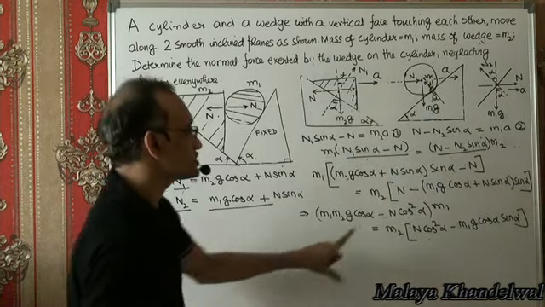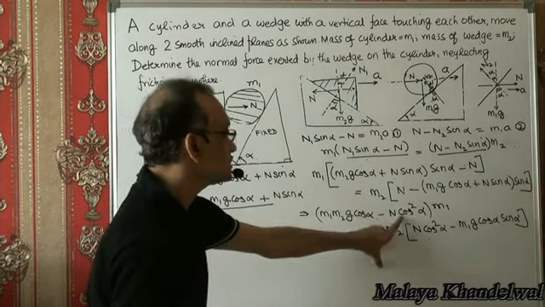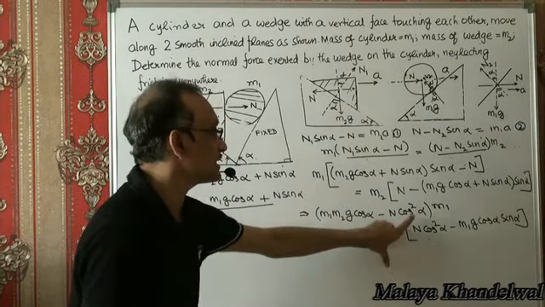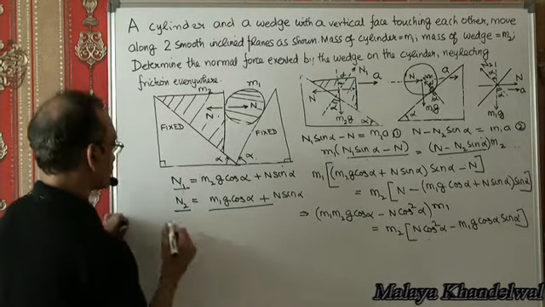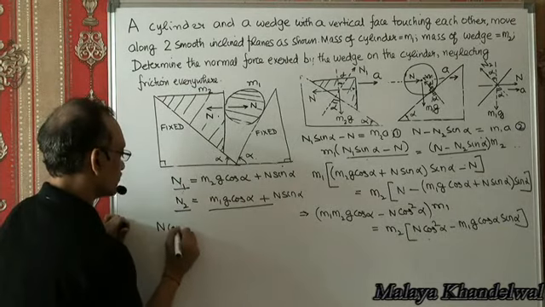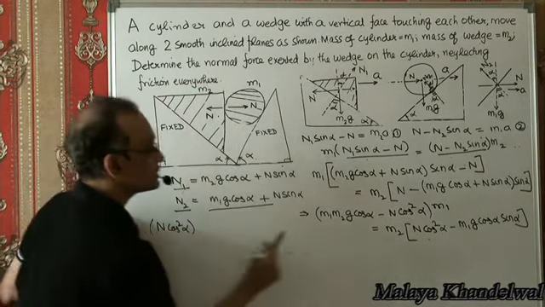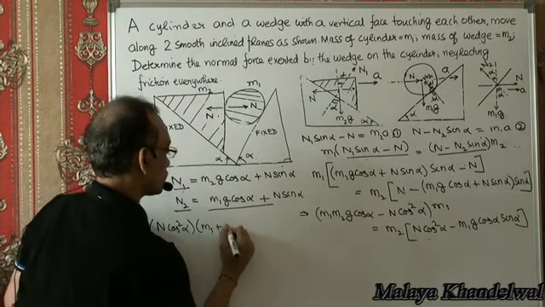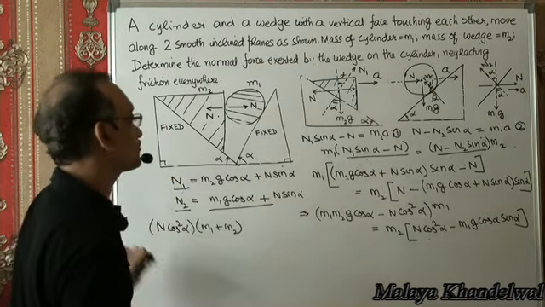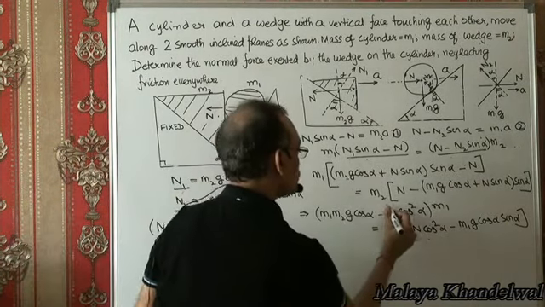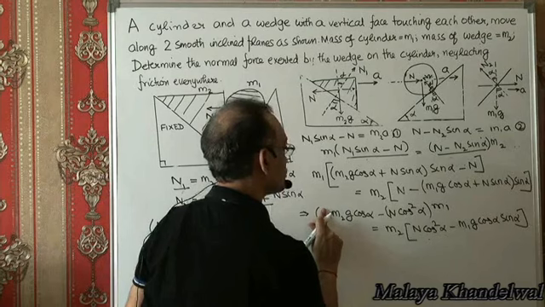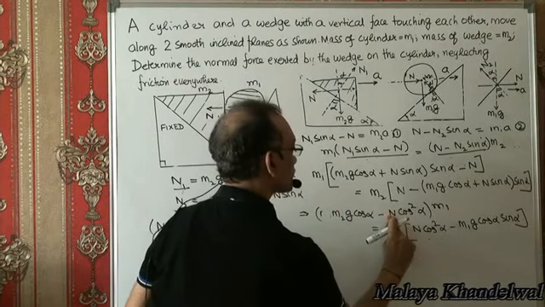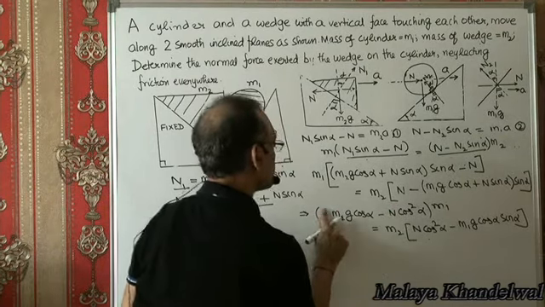Okay. Now let me just perform the last rites on this. These two terms I club together. I take n cos square alpha common, transposing into m1 plus m2. Of course, I have already used this m1 here, so okay, that's all right.